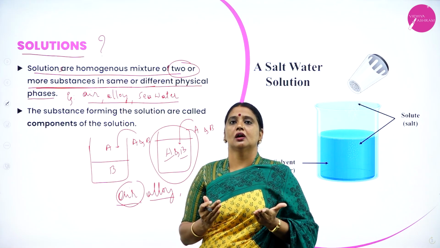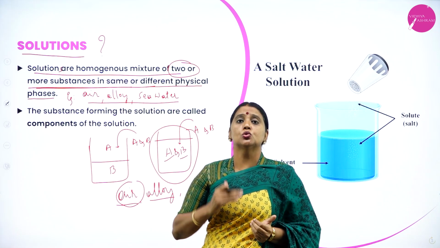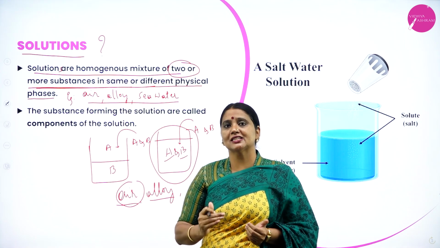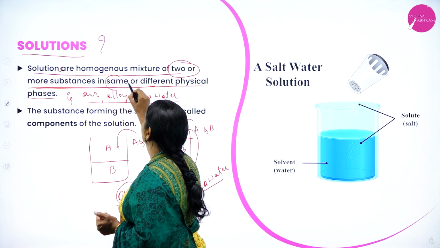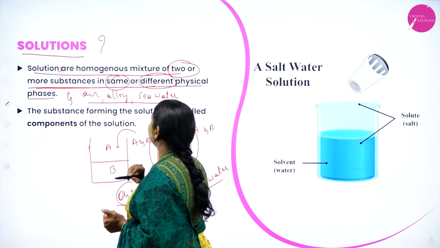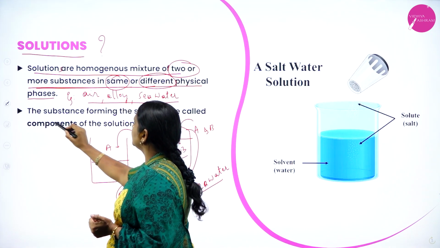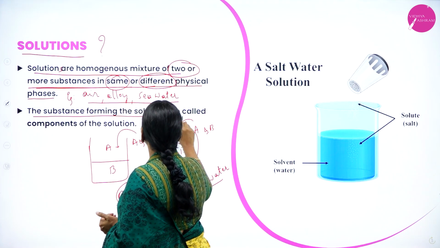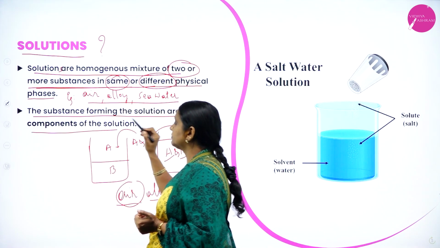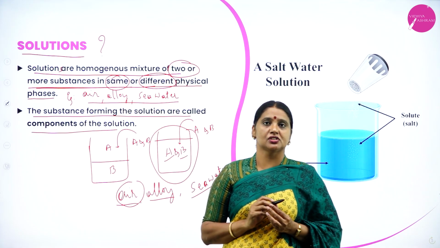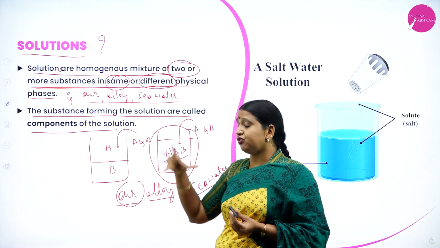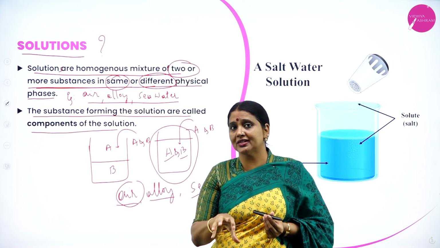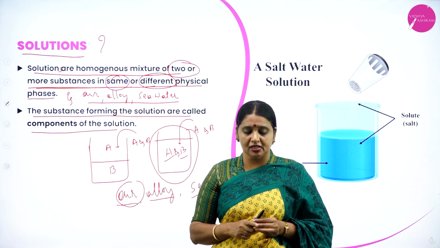What are solutions? Solutions are homogeneous mixtures of two or more substances in the same or different physical phase. The substances forming the solution are called components of the solution.